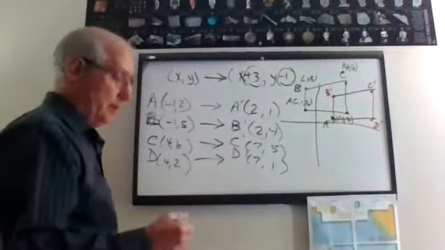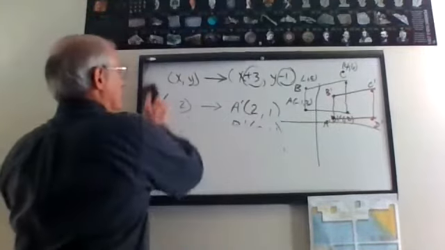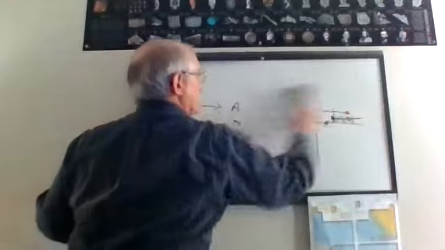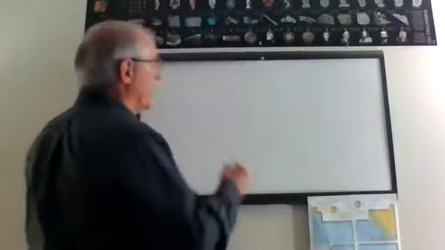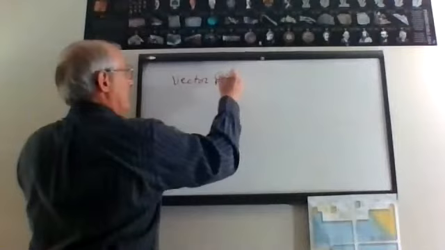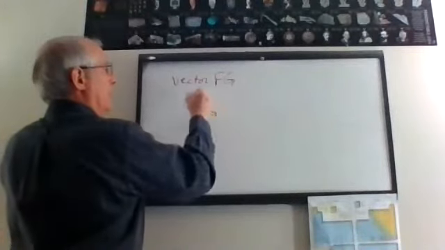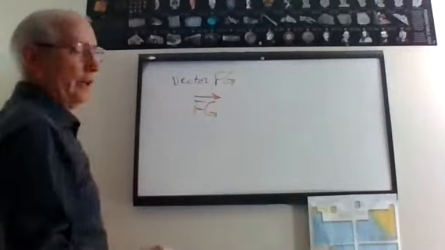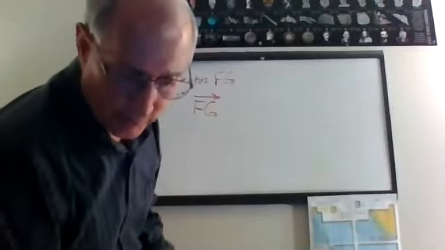So you could call it one of 3 things. You could call it vector FG, or you could call it vector FG. Well, that looks like ray FG. I know, but in this case it's a term for a vector.